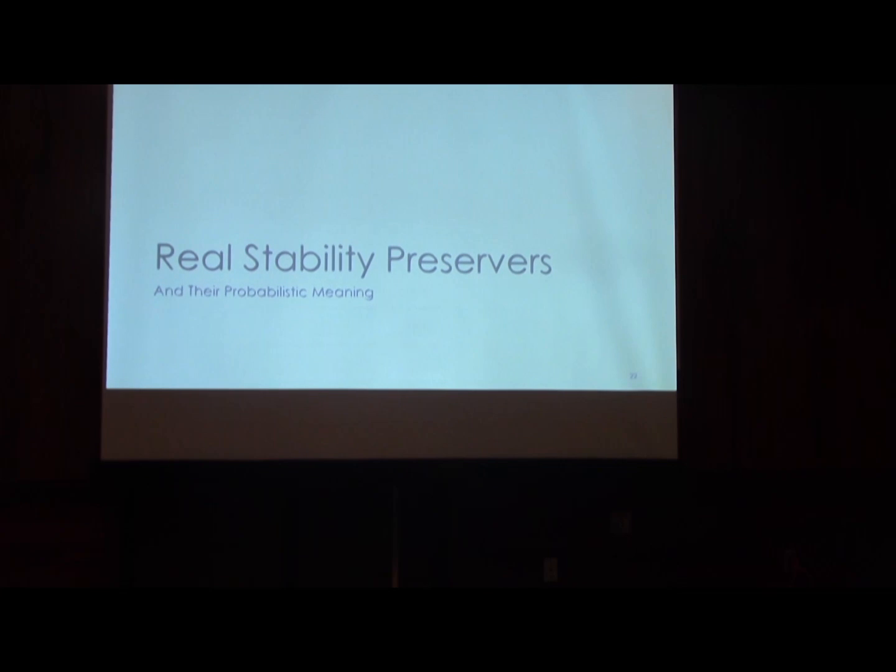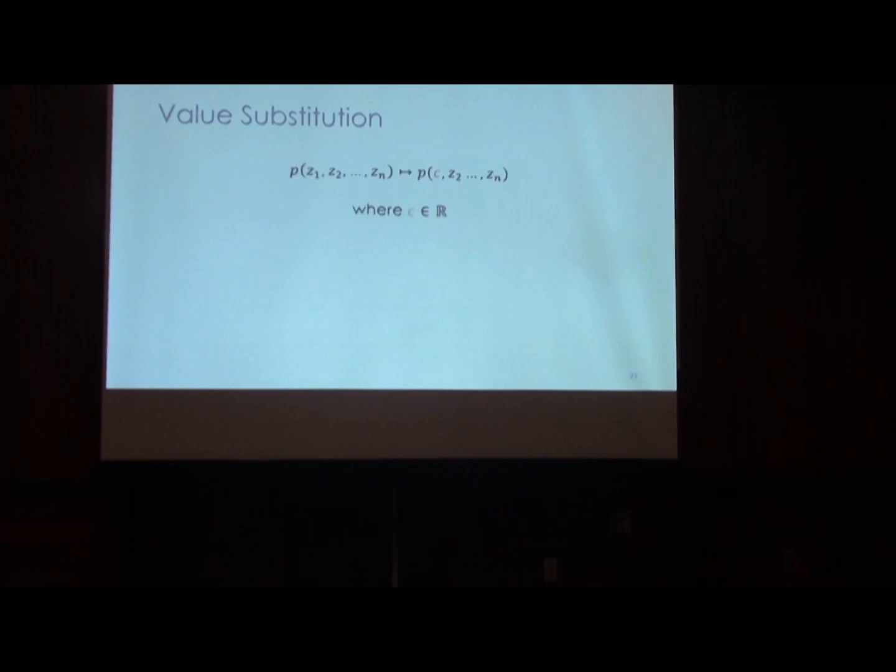Alright, so the third part of the talk is about operations that preserve real stability. The most obvious one is value substitution. So if you plug in a real number for one of the variables, you're still going to be real stable. You have to do a little bit of work, because it's clear that if you plug in some number in the upper half plane, this is going to be real stable.